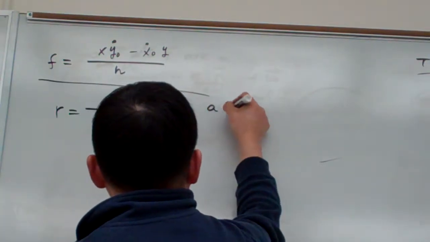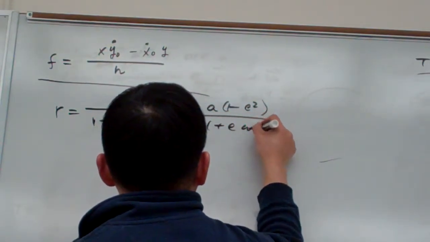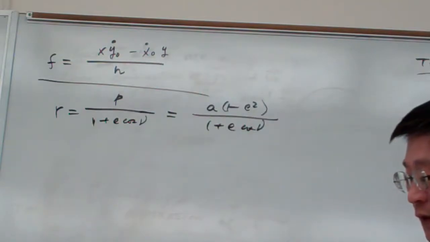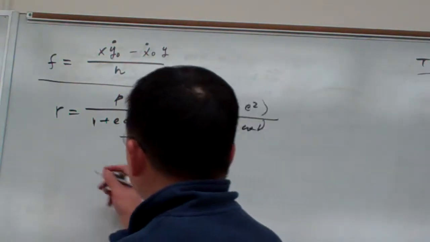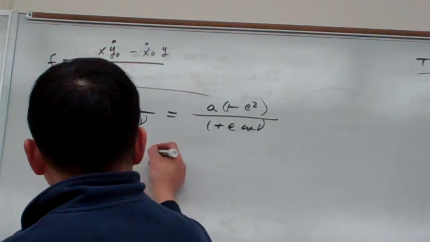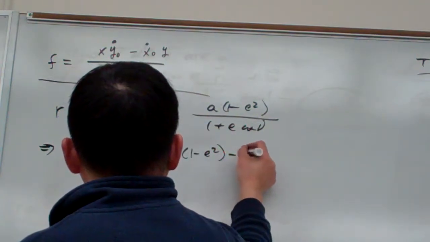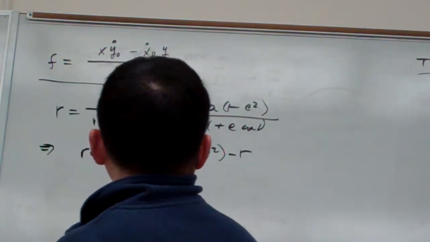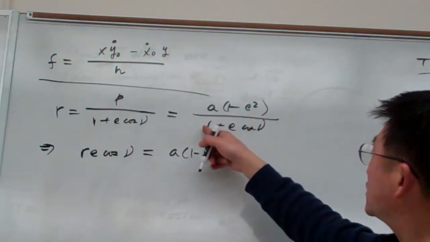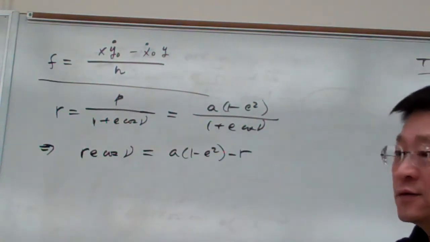And so from here we can have r e cosine nu equal to a times 1 minus e squared minus r.